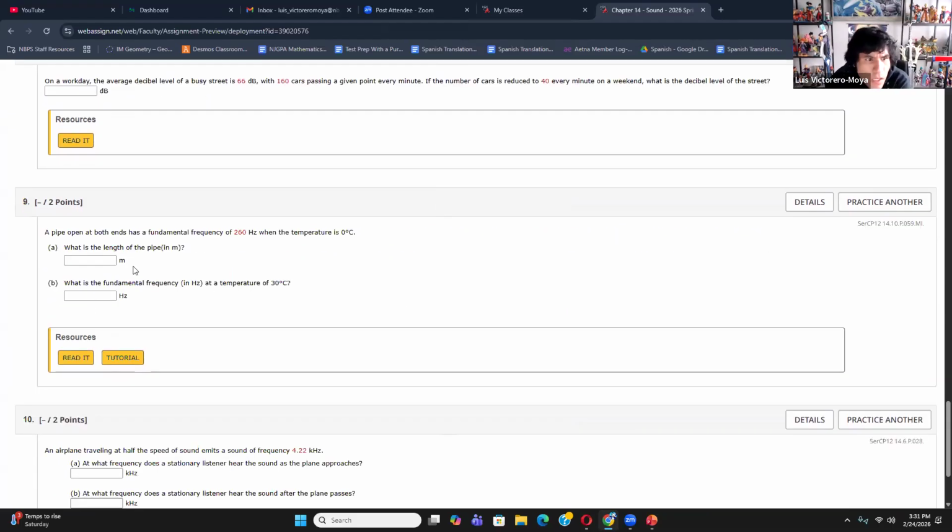Okay. A pipe open at both ends has a fundamental frequency of 260. What's the length of the pipe? So fundamental frequency is at n equals 1. So 260 equals n over 2L times v.